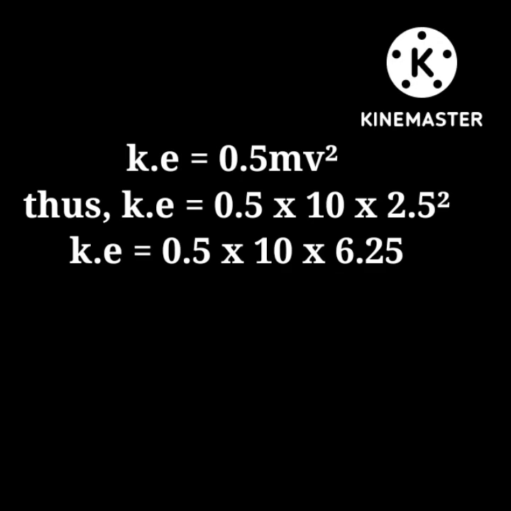Starting from the kinetic energy, our formula is KE equals 0.5 mv square. Therefore, our kinetic energy when infusing the mass value and the velocity value, I have 0.5 times 10 times 2.5. Now, our KE equals 12.5 joules.